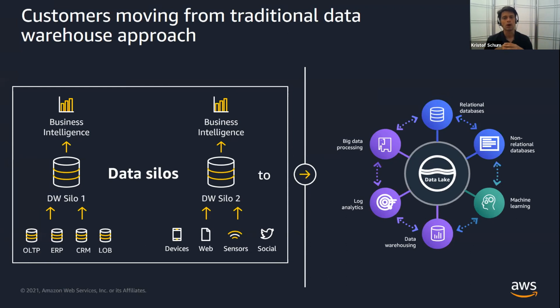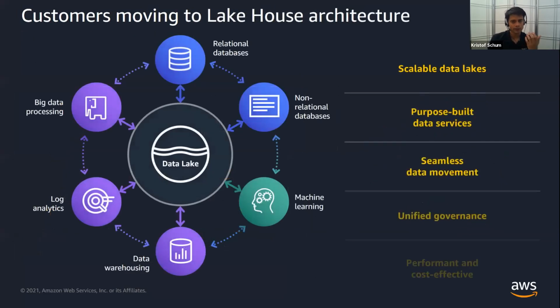That's a modern architecture that we call the lakehouse architecture. In it, customers build scalable data lakes using purpose-built data services with seamless data movement and unified governance at the right price performance ratio.